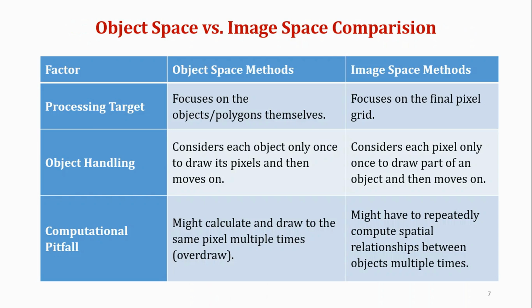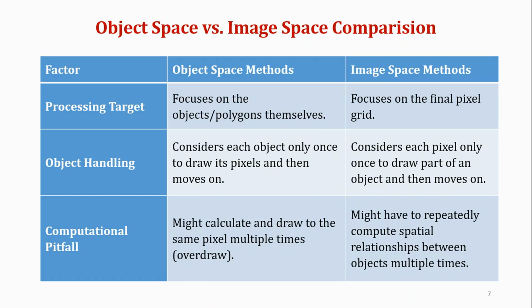Now we are comparing the two approaches, object space and image space methods. On processing focus, object space methods focus on objects and polygons, whereas image space methods focus on the final pixels on the screen or grid. In terms of object handling, in object space methods each object is processed and compared with the other objects, whereas in image space methods each pixel is examined and assigned to the visible surface.